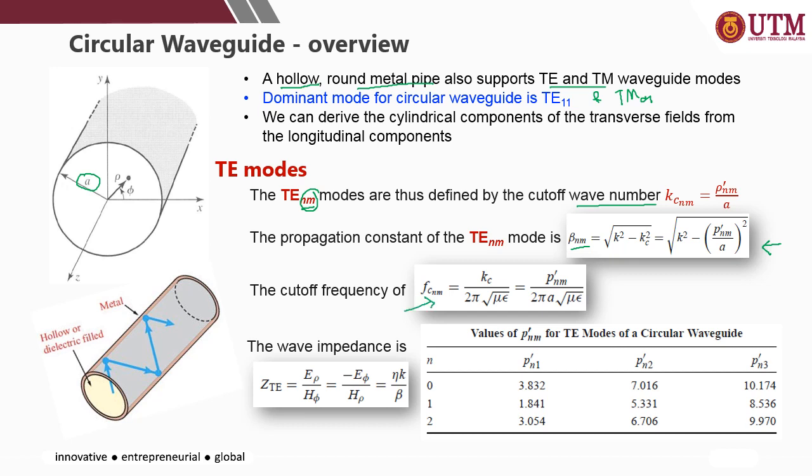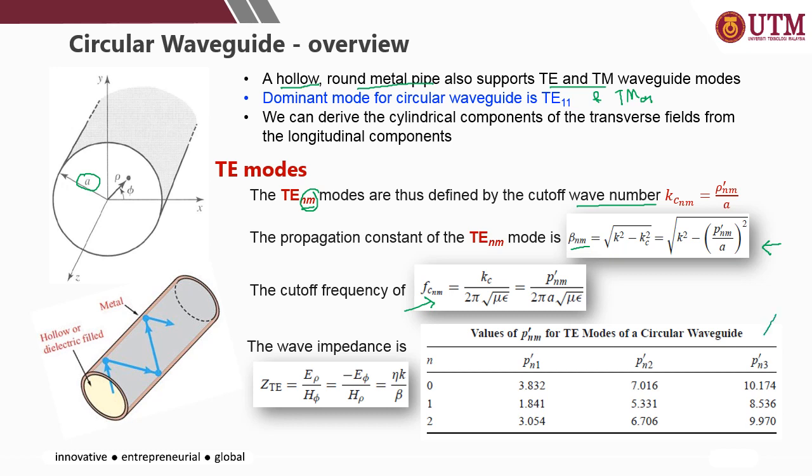The rho prime NM can be estimated by using the electromagnetic fields derivation, but the values can be easily gathered from a mathematical table that will be provided to you for your analysis.